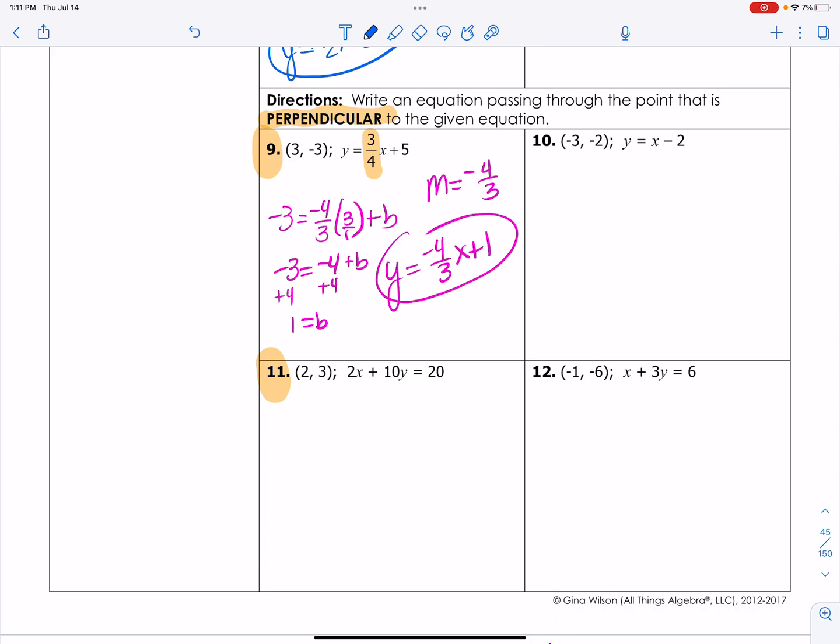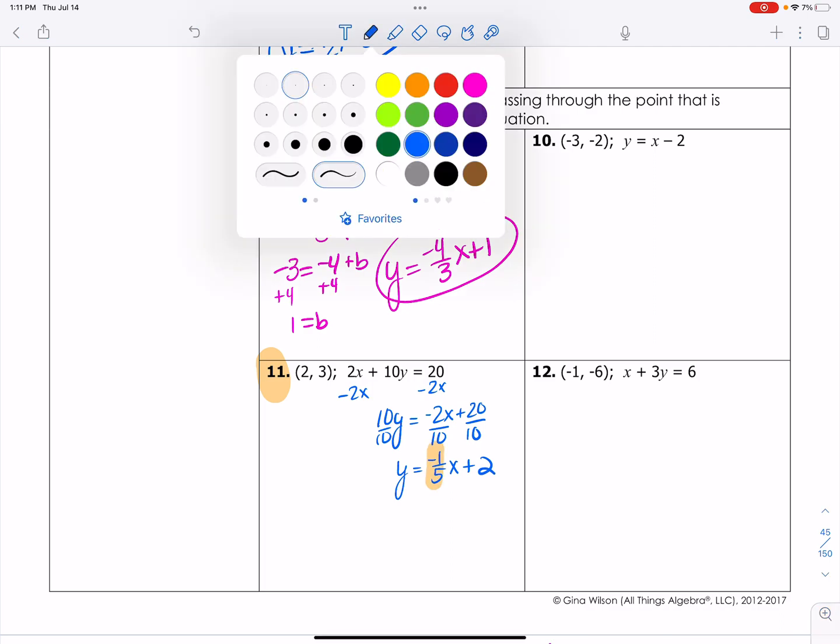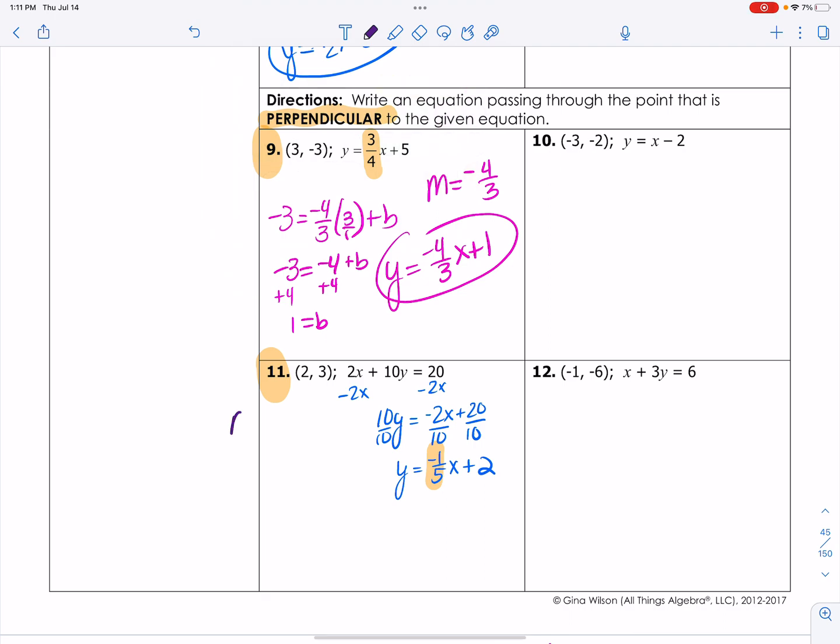Okay, and then on this last one, I need to solve first. So I'm going to minus 2x, negative 2x plus 20. Divide everything by 10, and I get y equals negative 1/5 x plus 2. Again, I just need that value, and it is negative 1/5, so the perpendicular would be the opposite, so it's positive, and the flip, so it's 5.